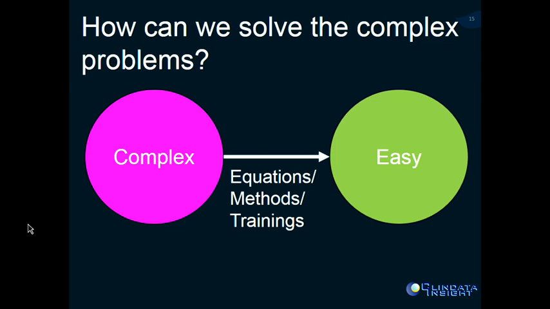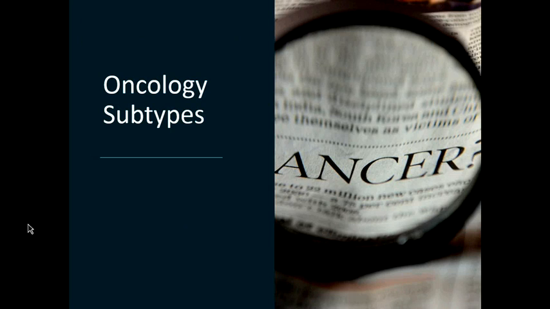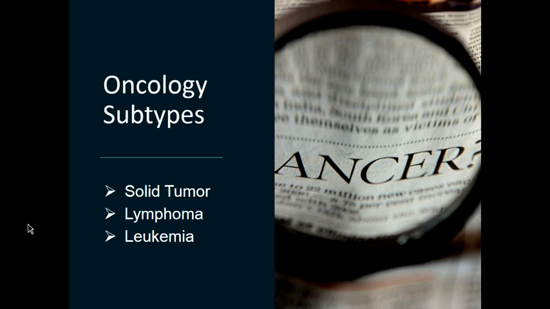So now let's talk about how we could make oncology study easy for programmers and also statisticians. There are mainly 3 major oncology subtypes: solid tumor, lymphoma, and also leukemia.